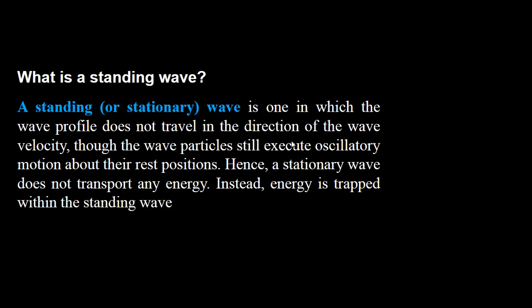The particles are still oscillating, and there's no transfer of energy. This part you can write a lot because there are 6 characteristics. Usually we describe the wave profile as you see here, as well as energy transmission. But if you are given more marks, then you write more characteristics.